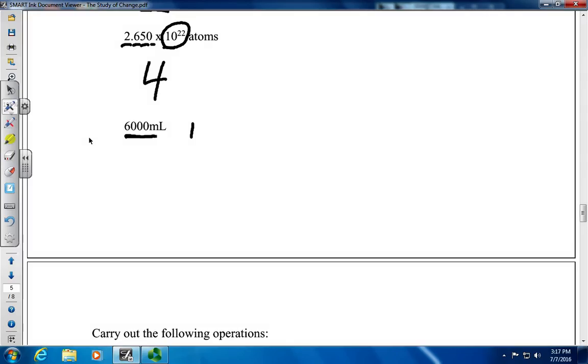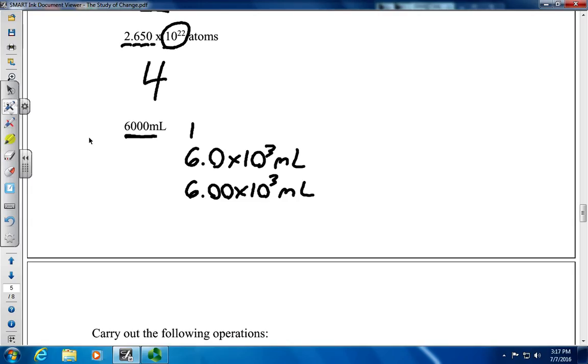Or you could easily rewrite this as being 6.0 times 10 to the third milliliters. And that would be 2 significant figures. Or it could be 6.00 times 10 to the third milliliters. And that would be 3 significant figures.